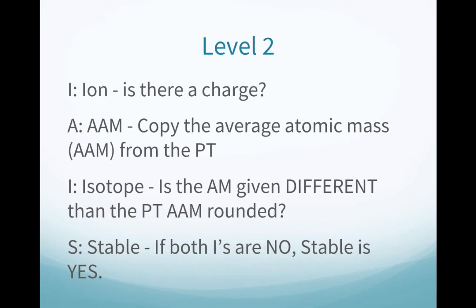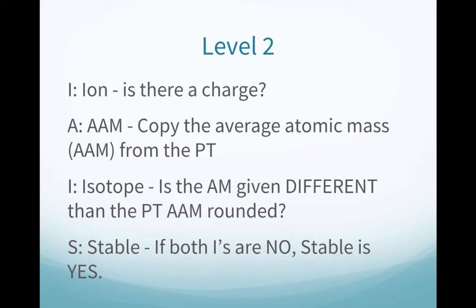Level 2 is IAIS. The first I is ion, and it's a yes or no question. Is there a charge? If there's a charge, you have an ion. The A is AAM. This is literally copy the average atomic mass from the periodic table. You can round it at this point if you want to make a comparison, but otherwise you just write the average atomic mass. The second I is the isotope.